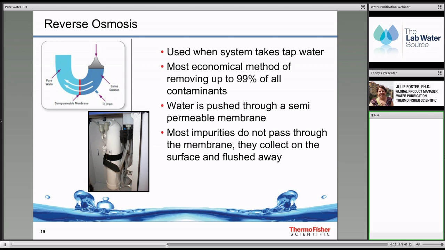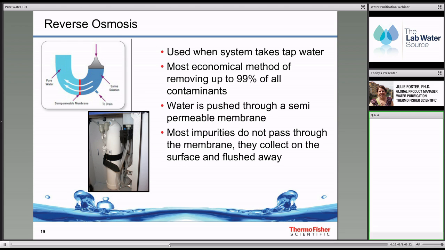When pressure is actually applied to the salt side of the solution, that natural process of osmosis is reversed. Water from the saline side passes through the membrane, leaving the saline solution more concentrated. This is called reverse osmosis. For our equipment, to put this in perspective for a water system, the saline solution would represent tap water.